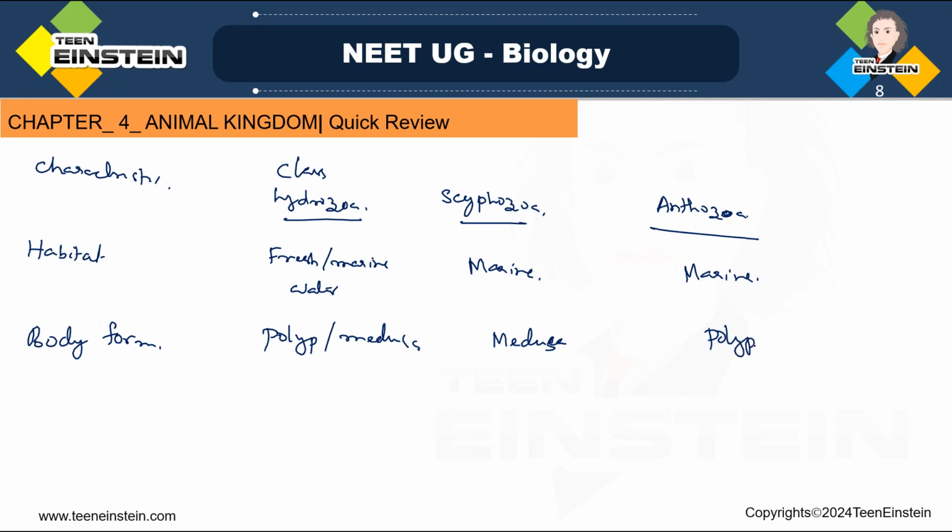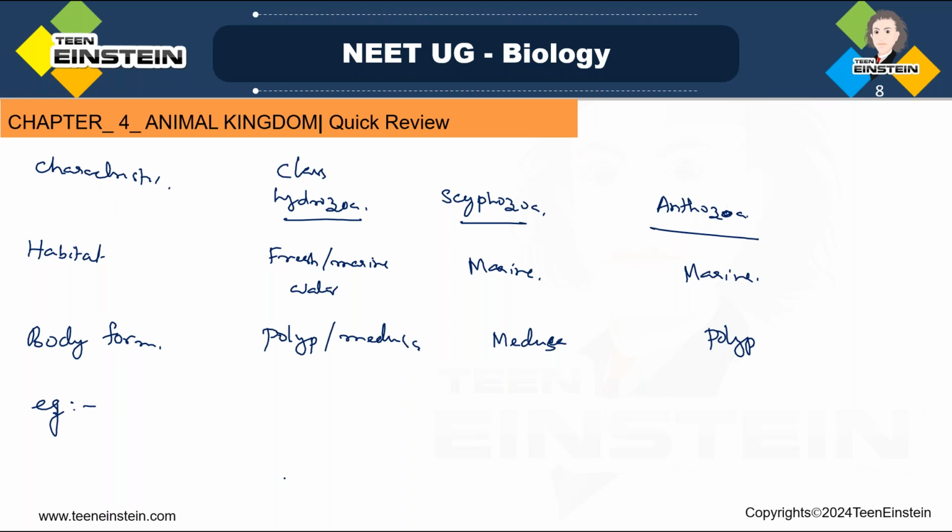Okay, then the examples, we need to learn examples, because most of the time you will get the question in the name of an example. In Hydra, which type of habitat and body form can you see? Such questions will come. So you should know which class the example belongs to.